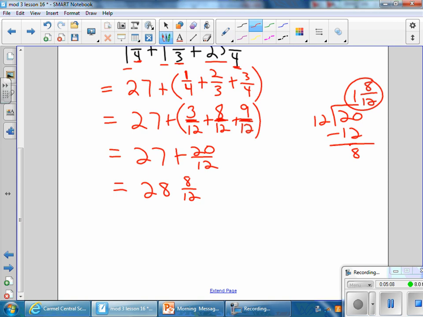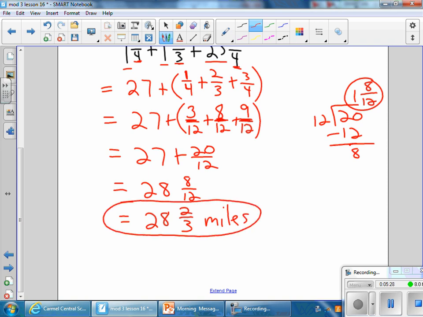I see that 8/12 is not simplified. I can divide top and bottom by magic number 1, 4/4, and find that it's 2/3. Final answer, they still have 28 and 2/3 miles to go.